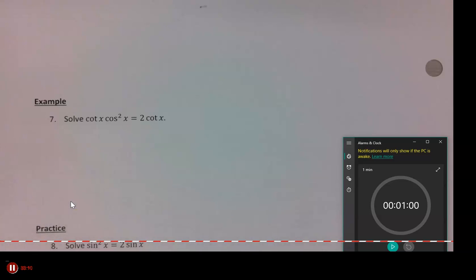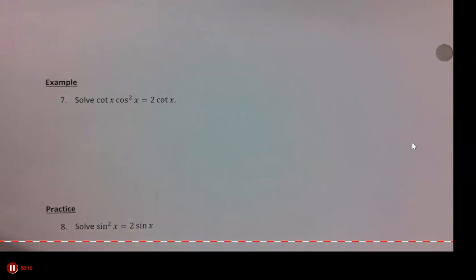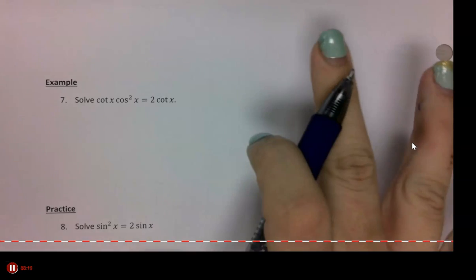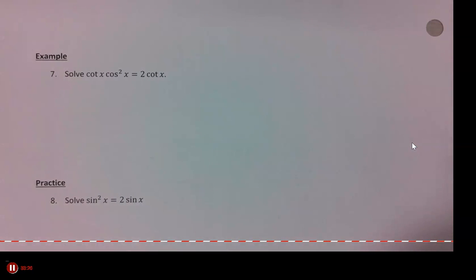Okay. So, number 7, any ideas on where you would like me to start? No dividing. Subtract the cotangent.